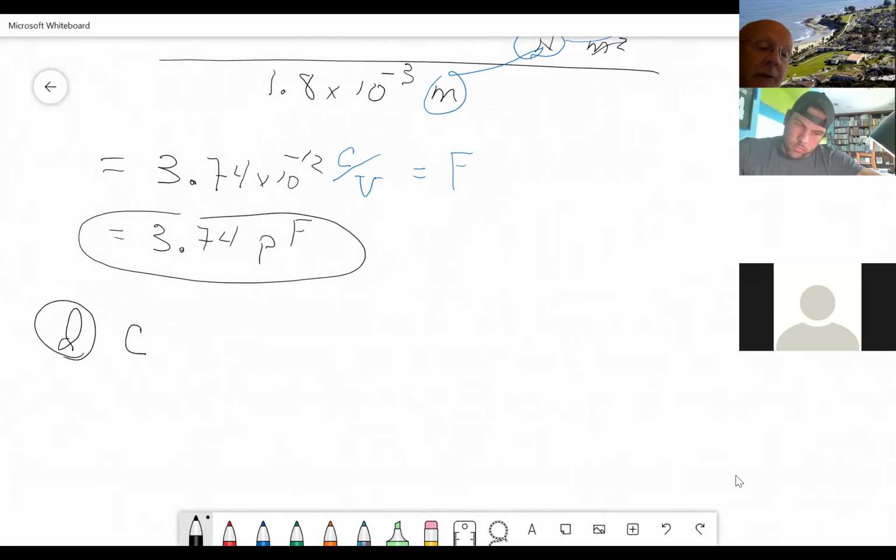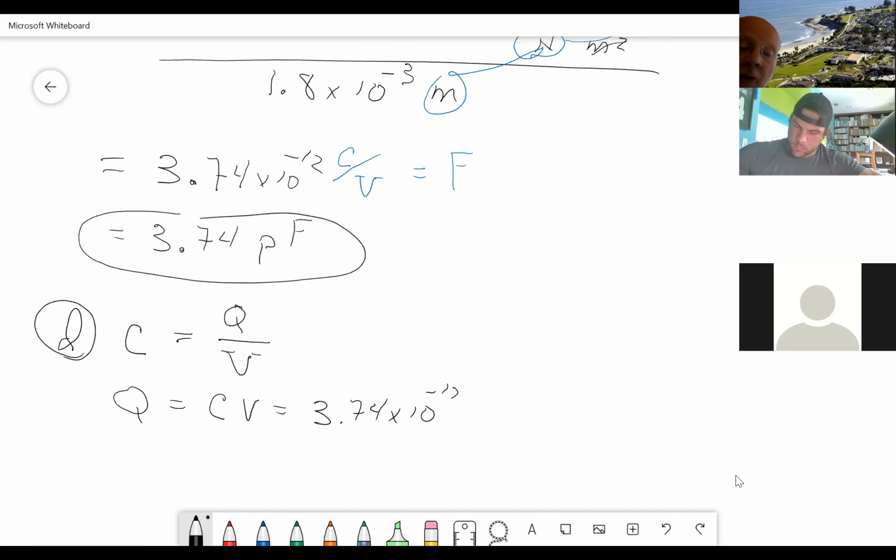All right, so if I do D, I'll have the definition of capacitance as charge over volts. And they're asking for charge on one plate, so that would be the capacitance times the volts. We just did the capacitance in C, 3.74 times 10 to the negative 12 farads, and they gave 20 volts in the problem.